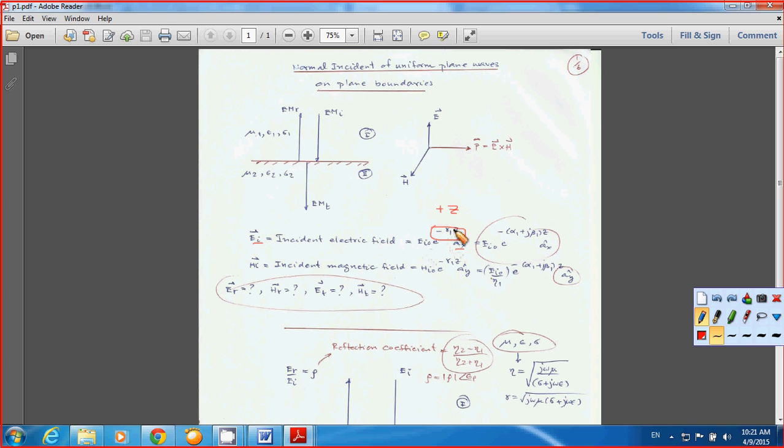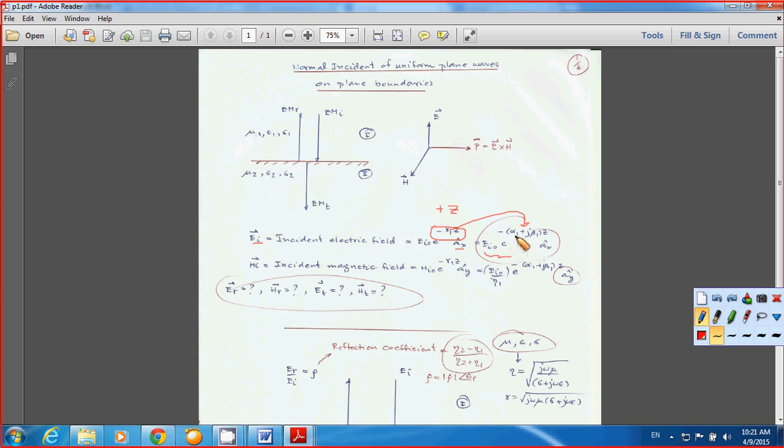Okay, and then you represent gamma 1 by alpha 1 plus j beta 1, and alpha 1 shows you how the magnitude of the incident electric field is going to be attenuated.